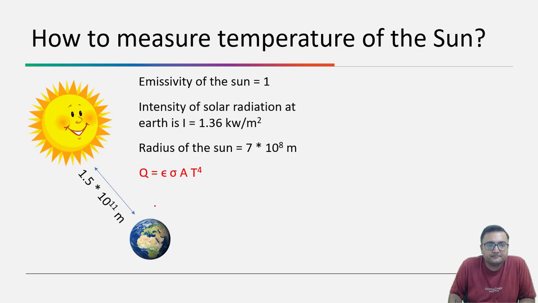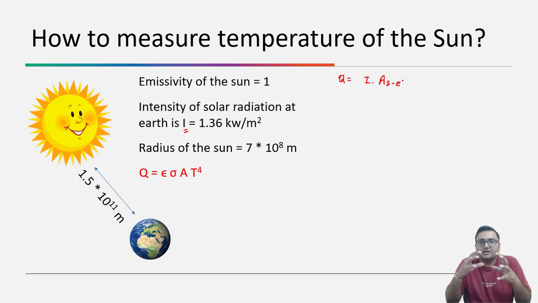I can put it here as Q. So what is Q? How to find out Q? Q is nothing but the intensity I into the area between the sun and the earth.